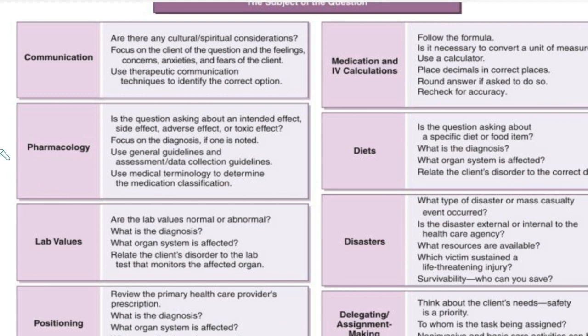All right, so I just want to look at your testing strategies first of all for subject. So our subject here is Pharm. They're not asking us about intended effect, side effect, adverse effect, or toxic effect per se, but that may play a part in how we answer if they give us correct information that I would teach the patient about the effects of the med. So anytime I'm teaching somebody, I'm always thinking, number one, what will I teach them?